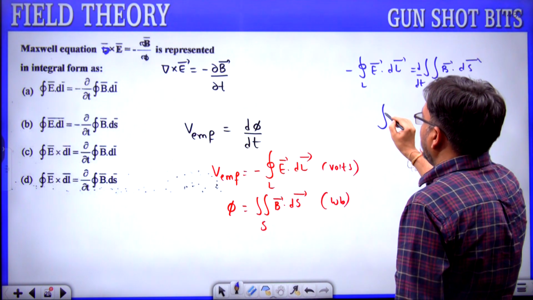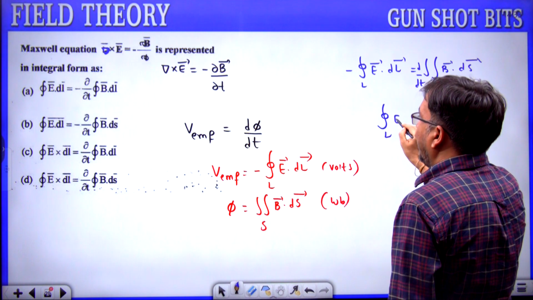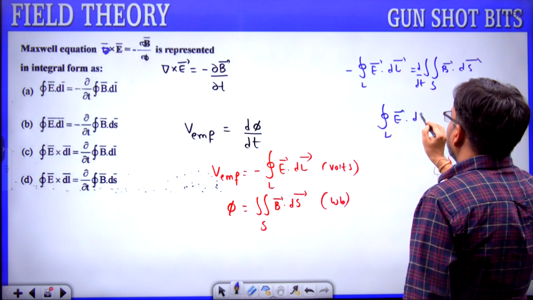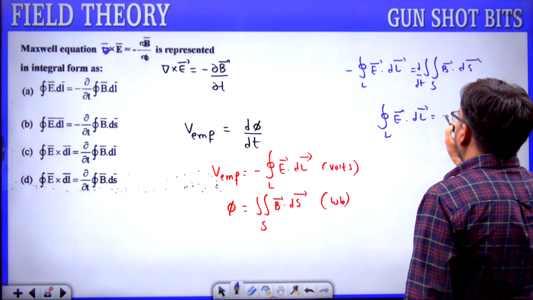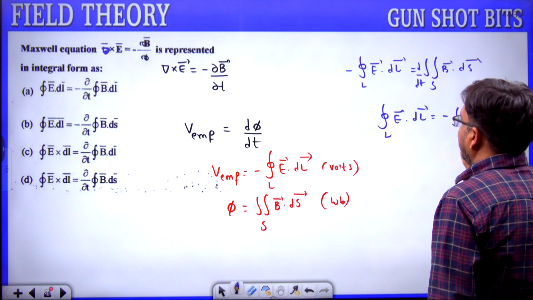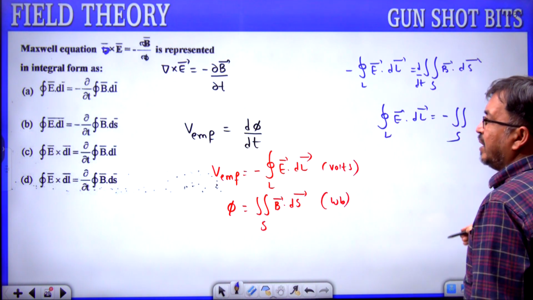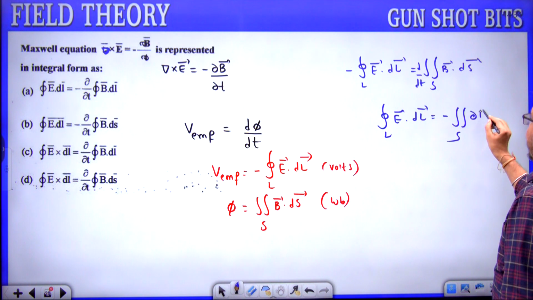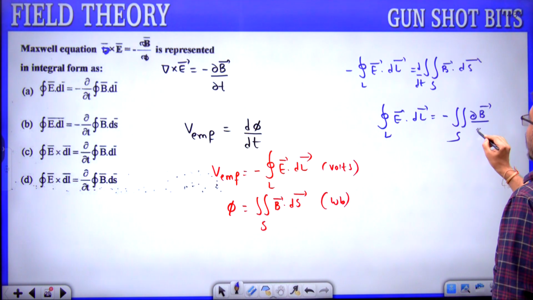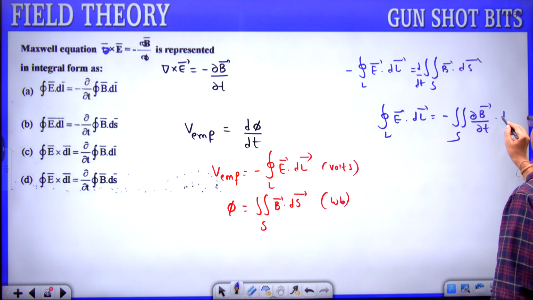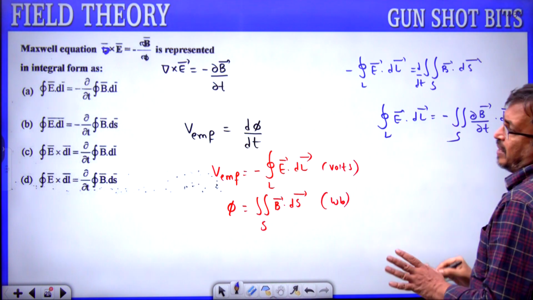So, closed loop line integral of E dot dl equals minus surface integral of dou B by dou T dot ds. This is the actual equation.